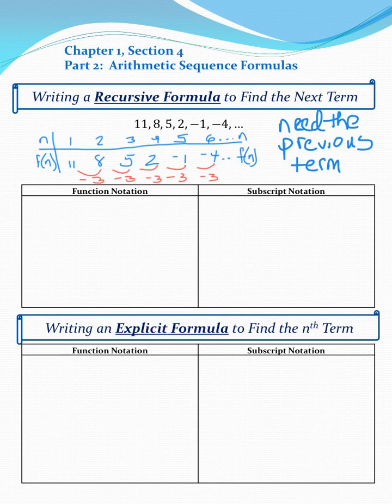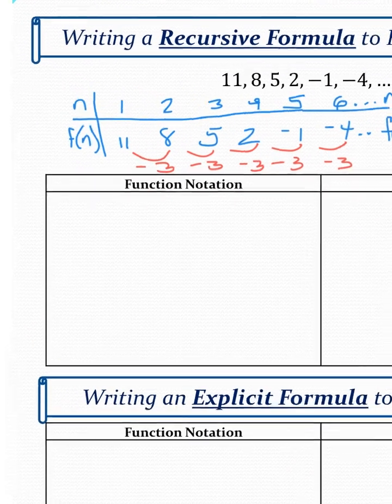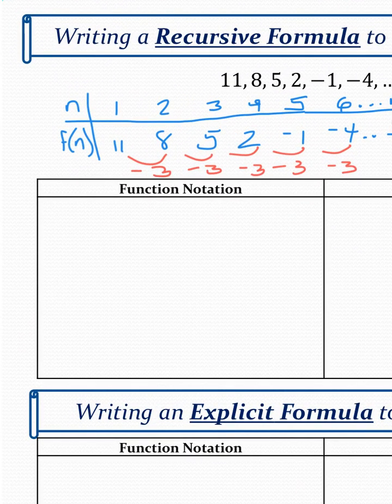Okay, but what it looks like here, just to put it in function notation, is whatever term we want, f of n, you're going to use the previous term to get it. And the way we would write the previous term in notation is n minus 1, f of n minus 1. So for example, if I wanted f of 50, then I would use f of 49, and that is n minus 1.